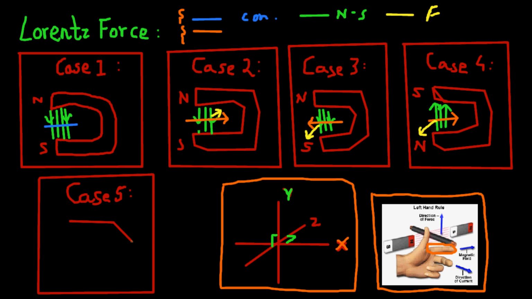So let's take case 2 again. This is north, this is south, and the field lines will be going down again. We're saying we reverse the direction of the current, so instead of going right, we're going left now. So we take our orange current carrying conductor, going left.